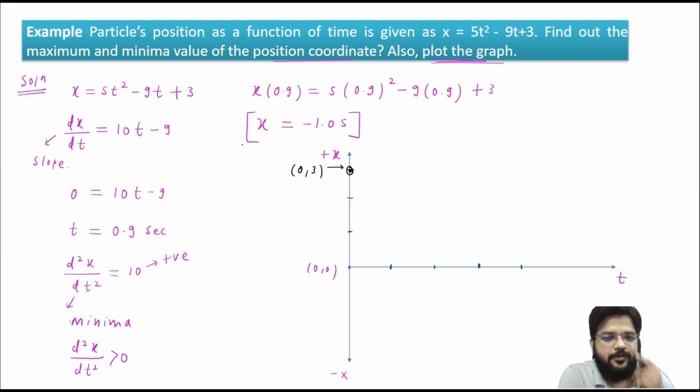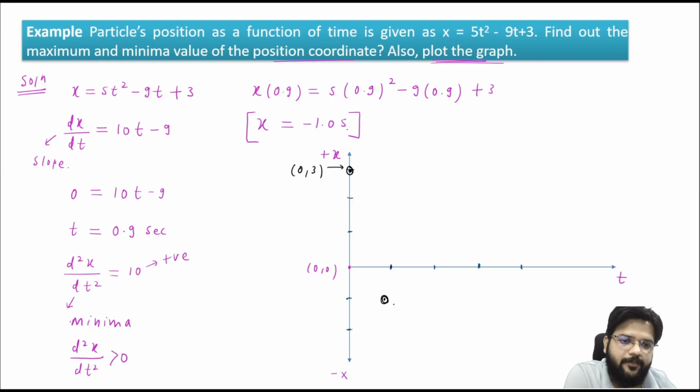Now the next thing is the coordinate of the minima. So this is 1 and this is -1, and the coordinate of the minima is -1.05 and t equal to 0.9. So it should be here everyone, this is the position of the minima.